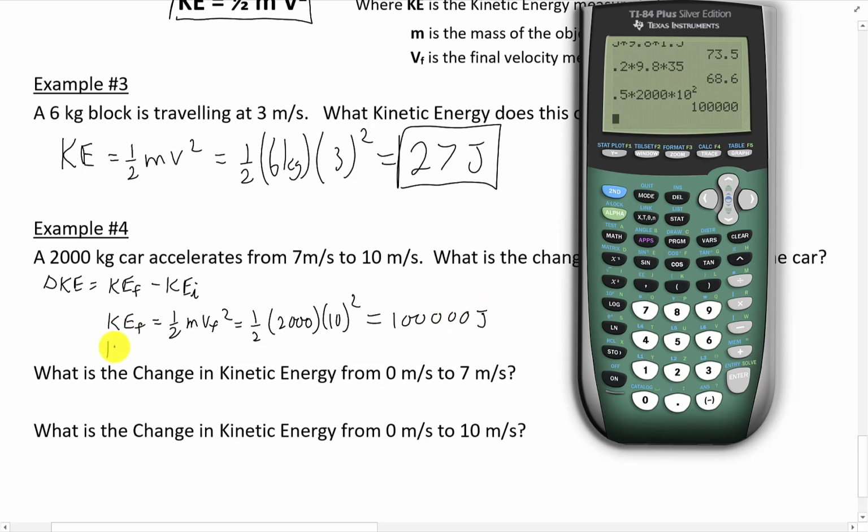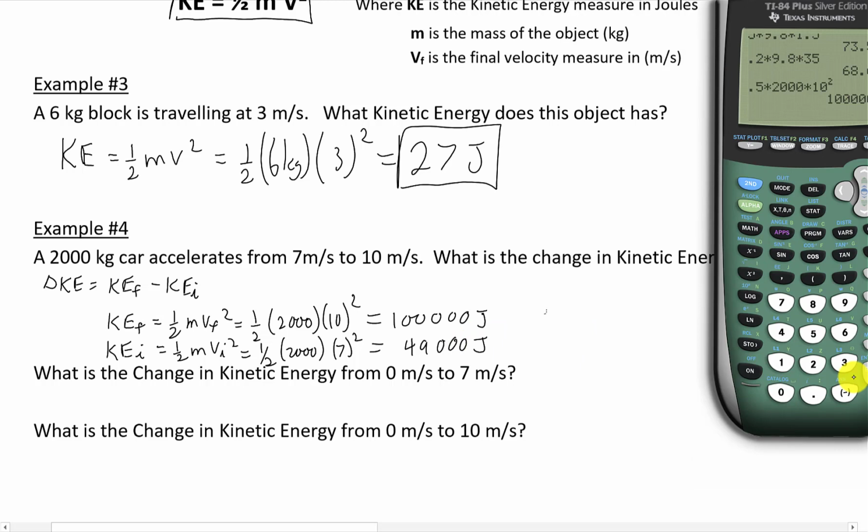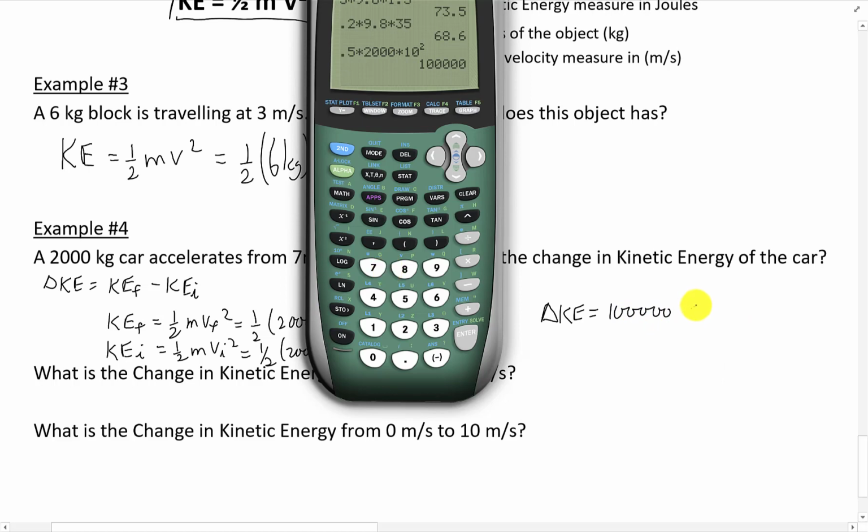Okay, and the kinetic energy initial is 1/2 mvi squared, which is 1/2 times 2,000 times 7 squared, and that's going to be 49,000 joules. So the change in kinetic energy is going to be the final, which is 100,000, subtract 49,000.